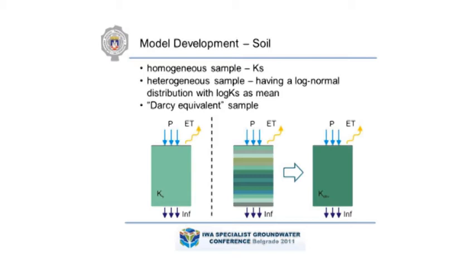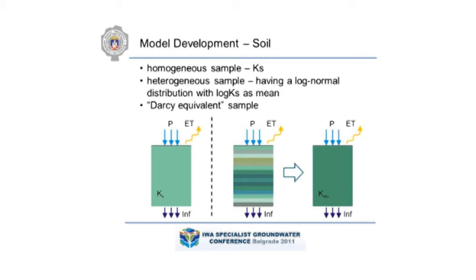Now, having these distribution parameters, the mean and the standard deviation of the distribution, we can try to recreate the natural heterogeneity using statistical methods. Here in the left corner, we have a usual soil model with a constant value of saturated hydraulic conductivity, shown by uniform color.